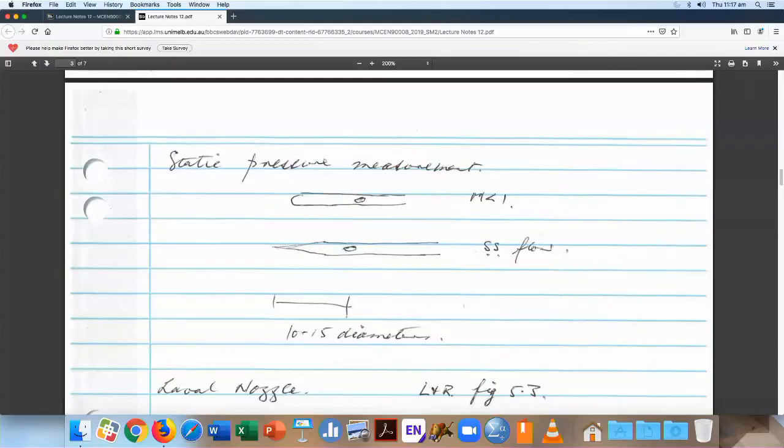The static pressure is being measured here because you don't have any shock waves and the flow is essentially horizontal and undisturbed, or that's the assumption that it's undisturbed. So you're measuring the static pressure. So that's what you do for Mach number less than 1.